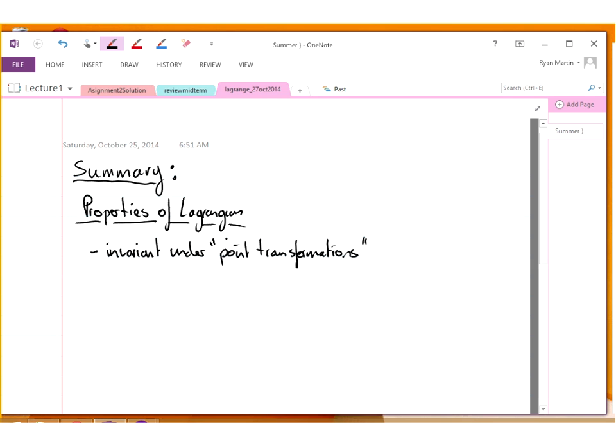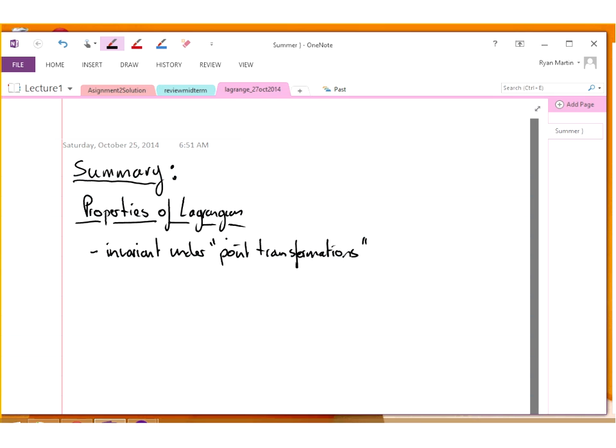These are coordinate transformations that take you from one set of coordinates to another, and those transformations may depend on time but not on velocities of the coordinates. This is a useful property because it allows us to choose which set of generalized coordinates we want to use to describe a problem, for example Cartesian or polar. So it's good that the Lagrangian description of mechanics is invariant under these point transformations.